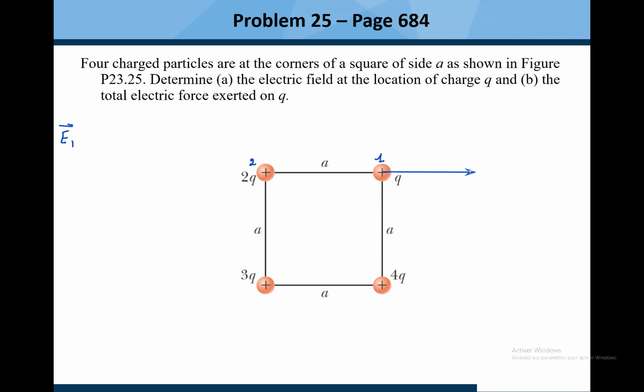And the charge 3 will create, we can draw a line between this point and the charge. It's positive, so the field must be out. It's E3. And Q4 is positive, the field must be out.